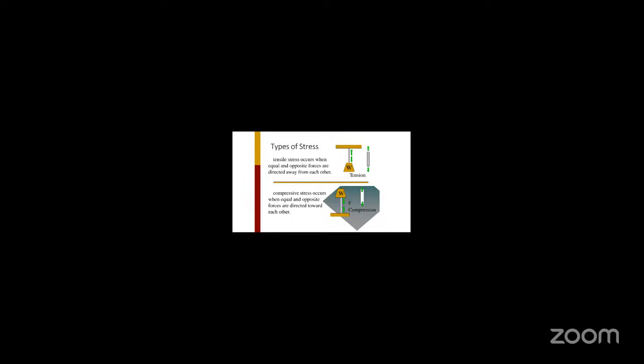It's just like when you hold a rubber band with your two hands and you pull it apart. You are stretching it, you are pulling it apart. That is, you are applying tensile stress to it. And when you are bringing them together, equal and opposite forces, heading in the same direction, coming together, that is compressive stress.